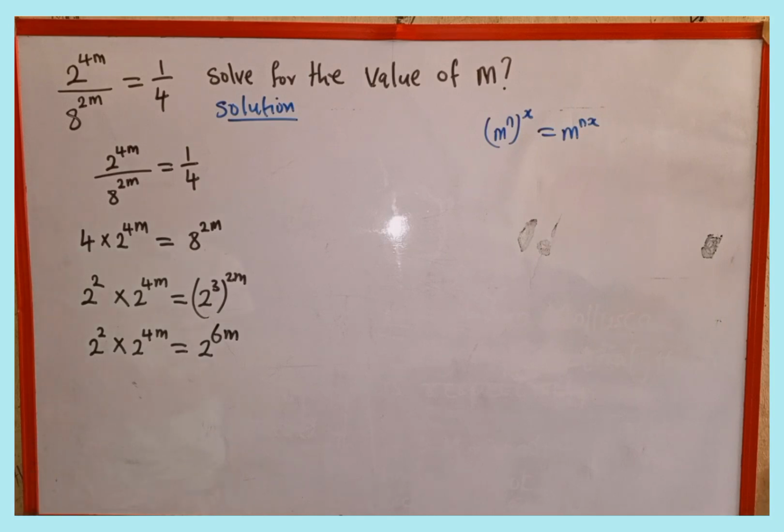Now if you look at the left hand side of this equation, we have 2 to the power of 2 multiplied by 2 to the power of 4m.